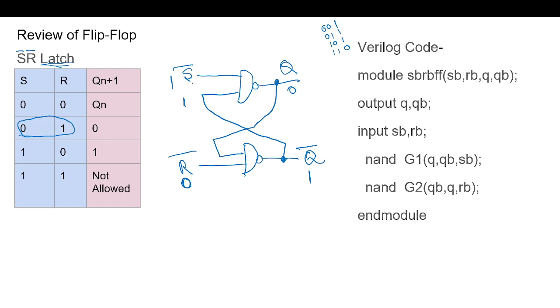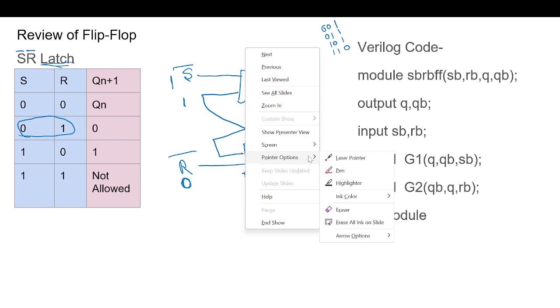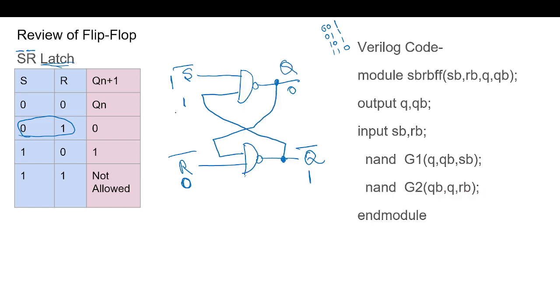Same way, next. If we have 1, 1, the S bar will be 0 and R bar will be 1. If any one input is 0, I will get 1. I will get 1 here, and Q bar will be 0. Okay.